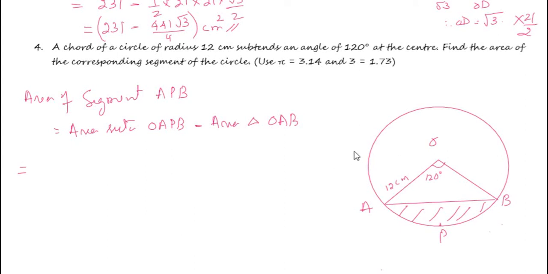Area sector OAPB is theta divided by 360. Theta is 120 divided by 360 into pi. Pi we need to take as 3.14, 3.14 into r square. R square is 12 into 12.